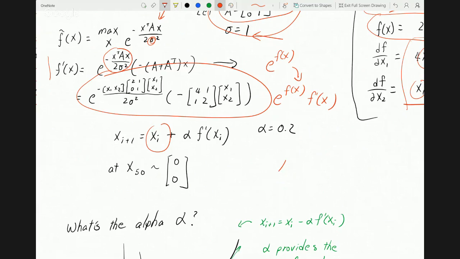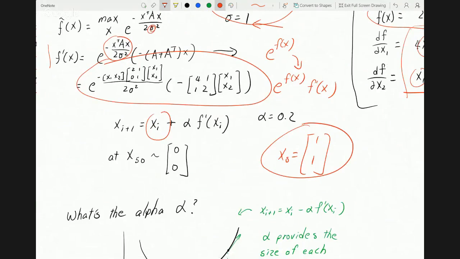Initial guess x0, we can just say 1, 1, for example. Whatever, you can guess whatever you want. And then you put this derivative in here, and you just keep solving it the same way we did in the last video. Of course, we'll still set alpha at 0.2.